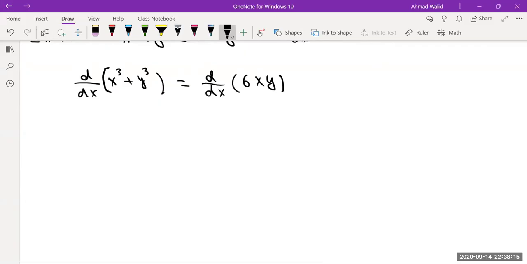If I show you all the steps, I'll go this way. d dx of x cubed plus d dx of y cubed equals, here, when you have a constant, you put the constant before the derivative, keep the 6, d dx of xy.